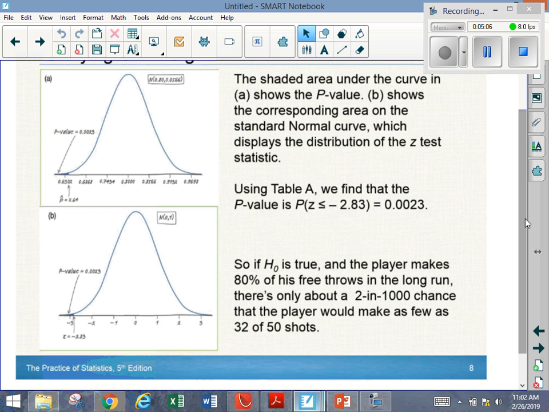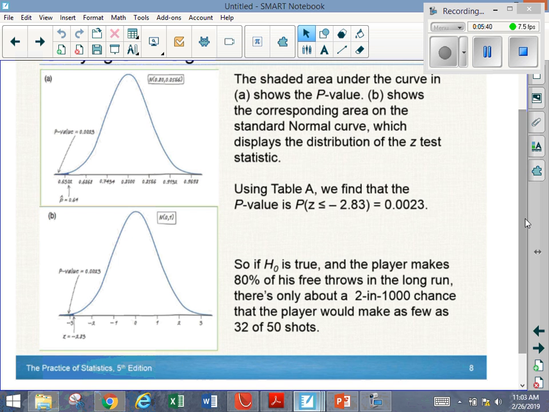So in this case, for our free throw shooter, who says he shoots 80% but winds up shooting 64%, we want to know, is it possible for a value as extreme as that to occur by chance? No, because we get such a low p-value. In which case, we are going to reject the null hypothesis, which was that his proportion of makes on free throws is 0.8.